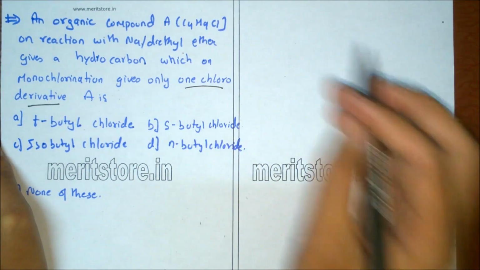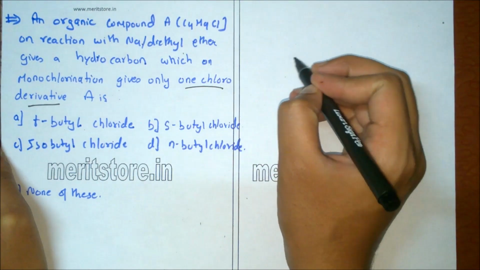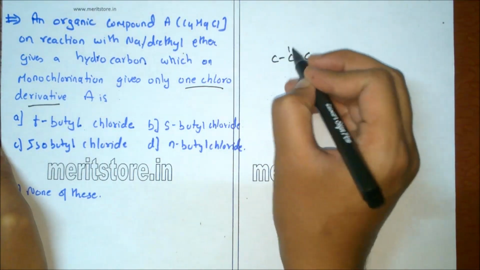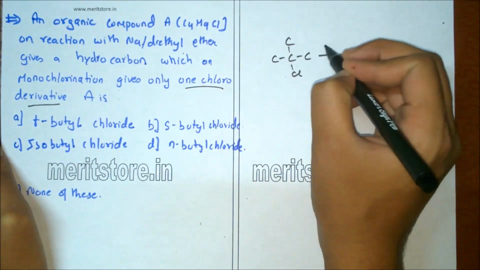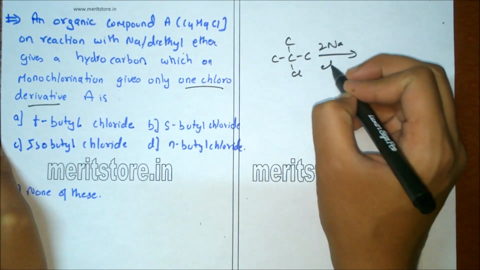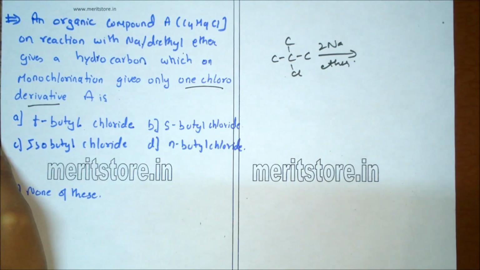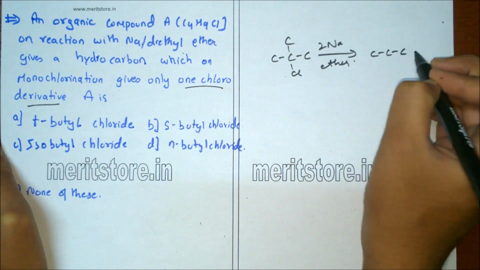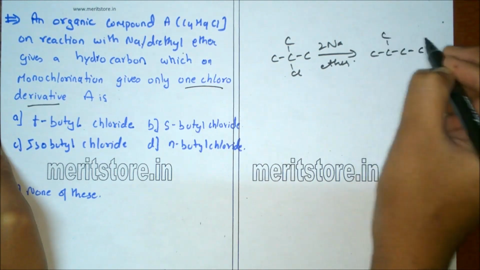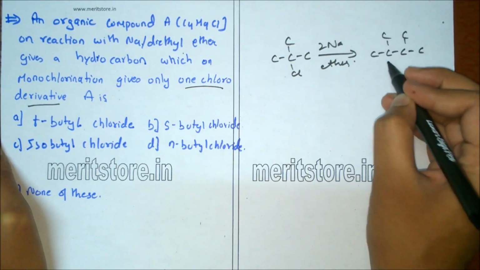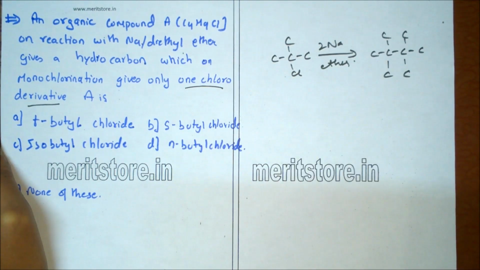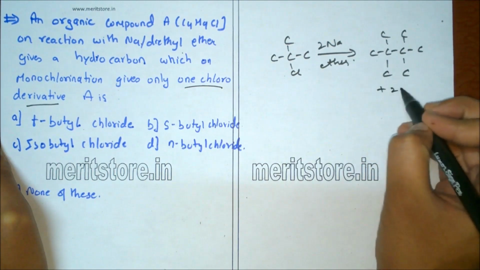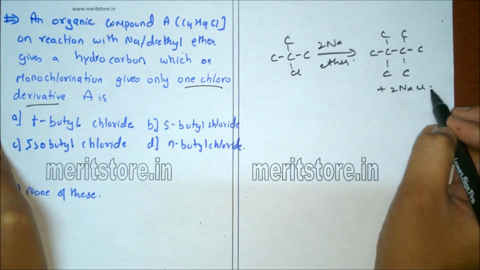So when the tertiary chloride reacts with 2Na in presence of ether, it will give a compound with double the structure, plus 2 NaCl removed.